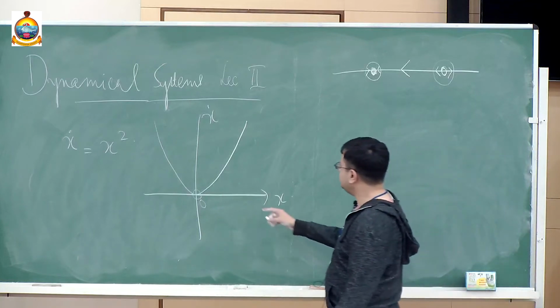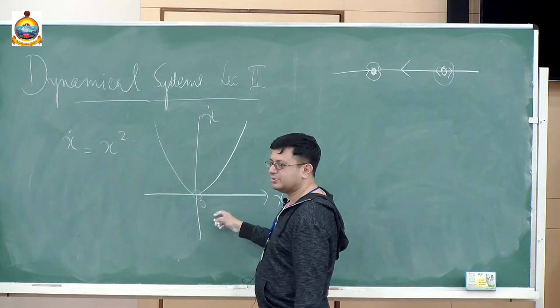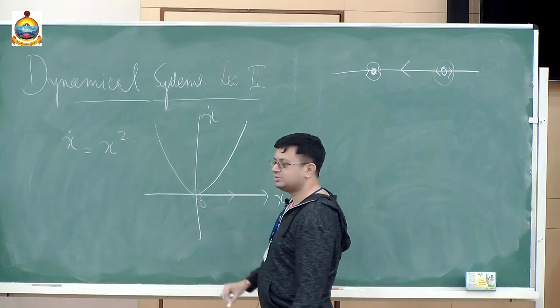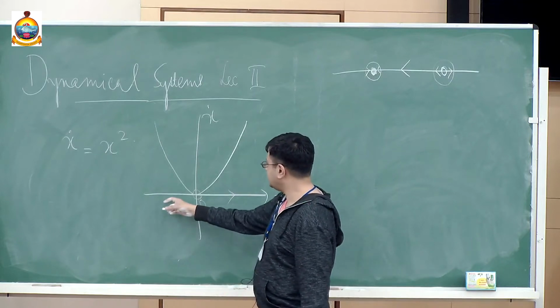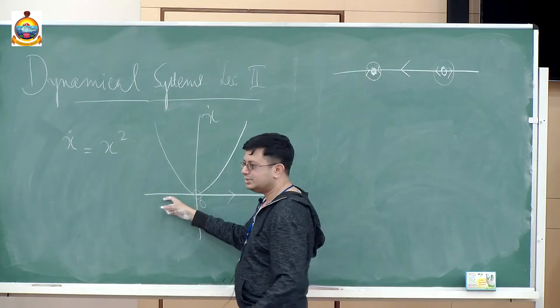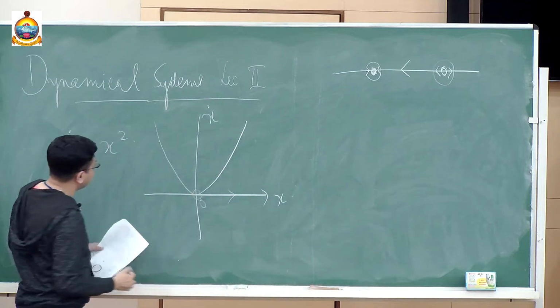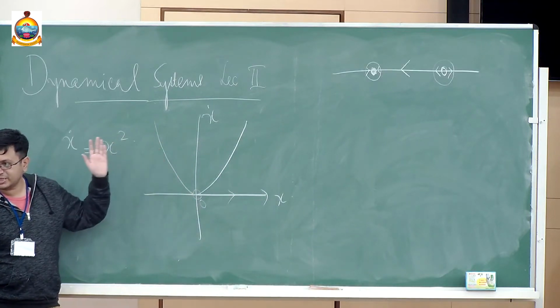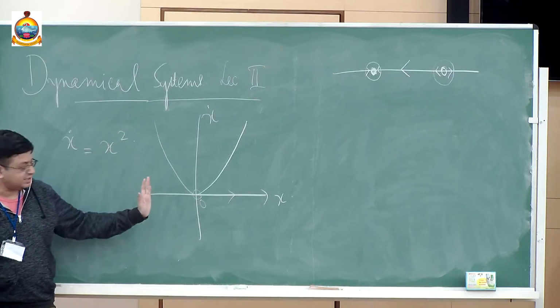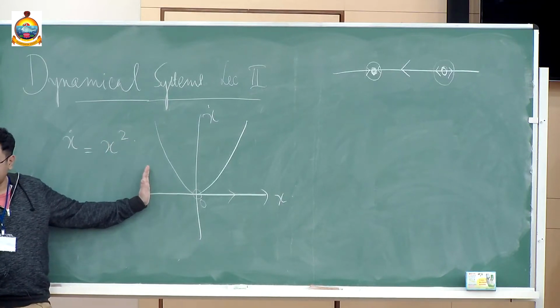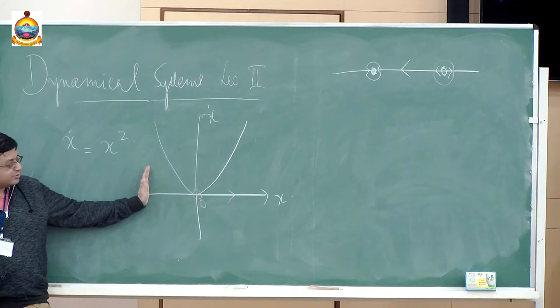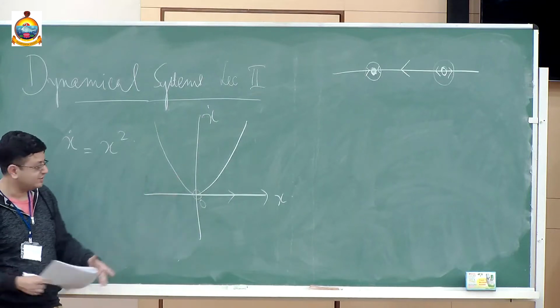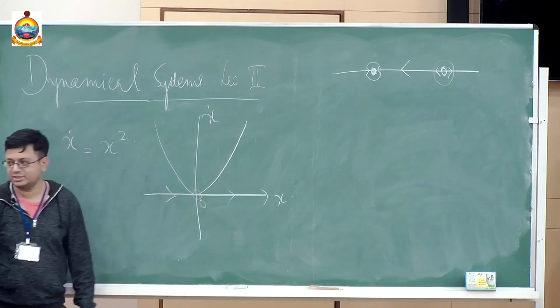On this side it's positive, so it's going to be thrown away. On this side, the velocity is positive. So x is going to be less negative. If I start from a point here, I have to add dx dt, right? So x is going to be less negative. So the flow is here.